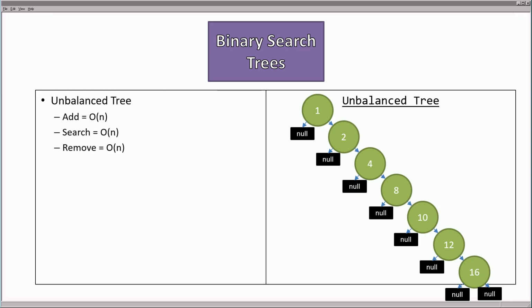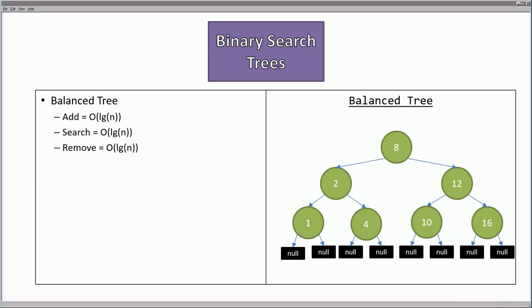For an unbalanced tree, you really don't get very good complexity values. And in fact, this looks more like a linked list than it does a tree. On the other hand, if we can confirm that the tree is balanced, then it only takes log base 2 of n operations in order to add something.